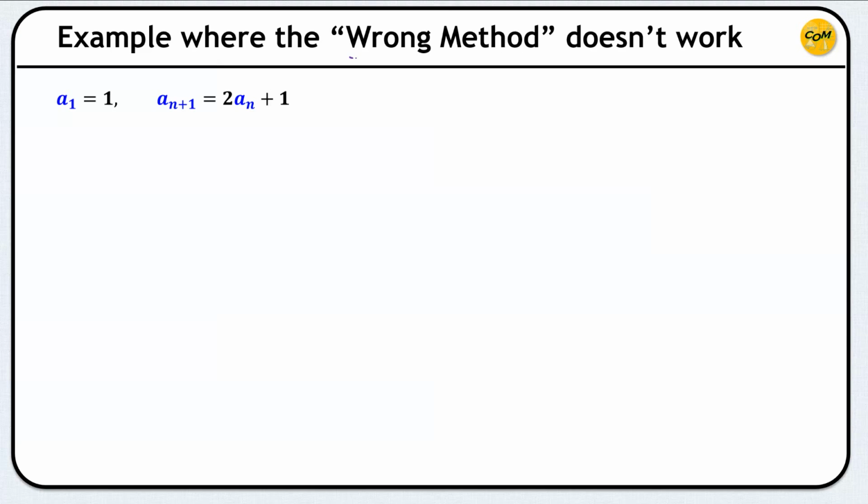Well, the thing is, this wrong method doesn't always give you the correct answer, and here I will give you one example for that. It is the sequence defined by the recurrence relation a_1 equals 1 and a_{n+1} equals 2a_n plus 1.